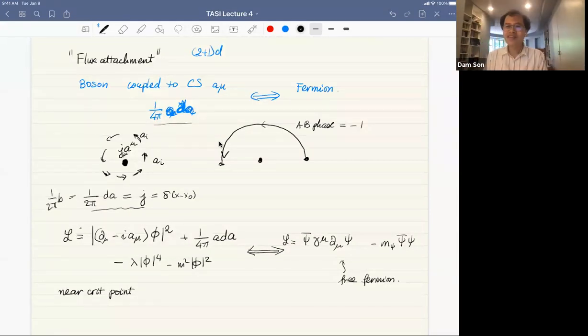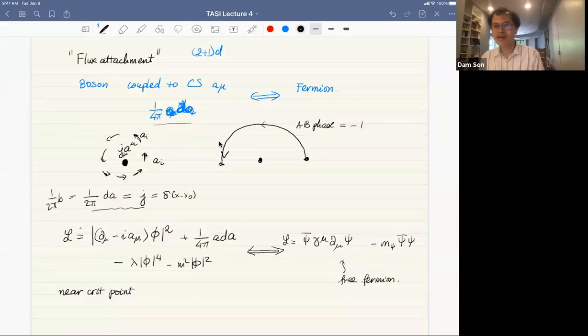We understand the theory of free fermions very well, but on the other hand, we don't understand the theory of a scalar coupled to a Chern-Simons gauge field. If the number of scalars is very large, the theory on the left is clearly a conformal theory. You can just compute and find its critical point. But the assumption here is that this critical point survives even when there is just a single gauge field.